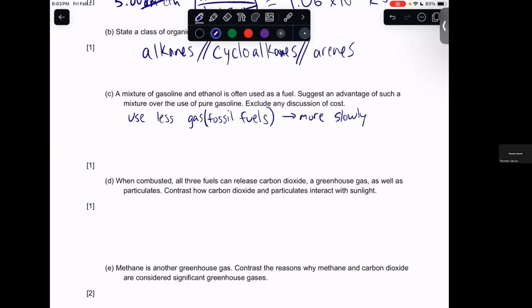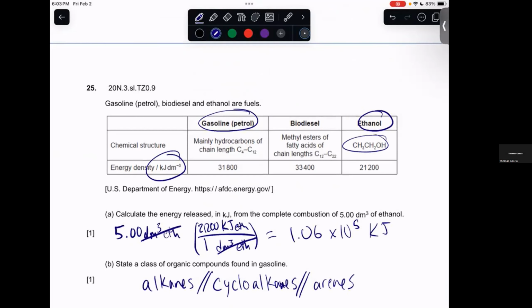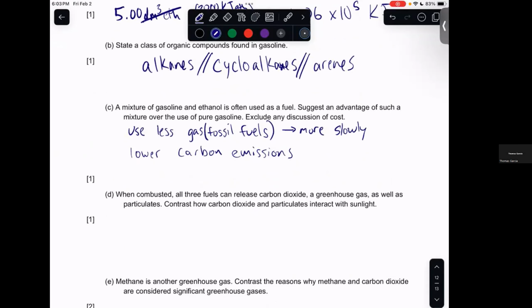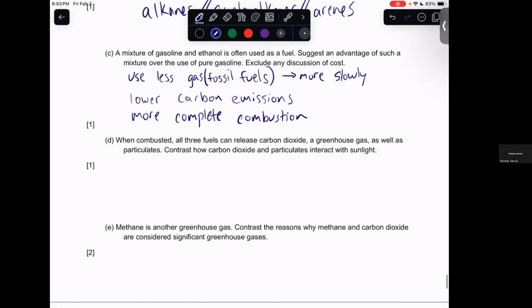And because we're using fossil fuels more slowly, that's always much better. You're going to have lower carbon emissions. If you literally look at these, ethanol has far less carbon than gasoline, so you're going to have lower carbon emissions because you're burning less carbon. Other things you can talk about is that we're going to have a more complete combustion. So you can get points in many, many different ways.